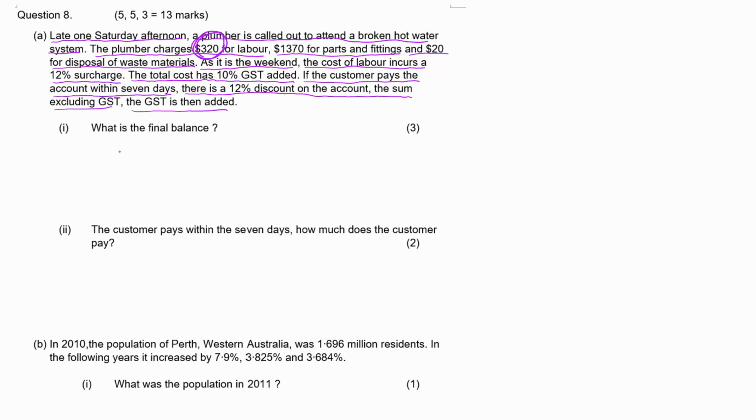So the charge is going to be, so we've got $320 for labour, but remember that has attracted a 12% surcharge. So we can deal with that by multiplying by 1.12. Remember that 12% is 0.12 and the ordinary charge is 100%.